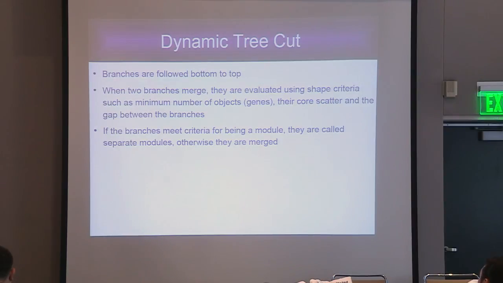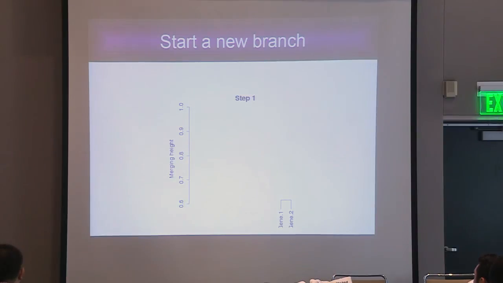And when two branches merge, they are evaluated using various shape criteria. If the branches meet the criteria for calling them separate modules or clusters, they are called separate. Otherwise, they are merged. So let me show you how it works on the simple example.